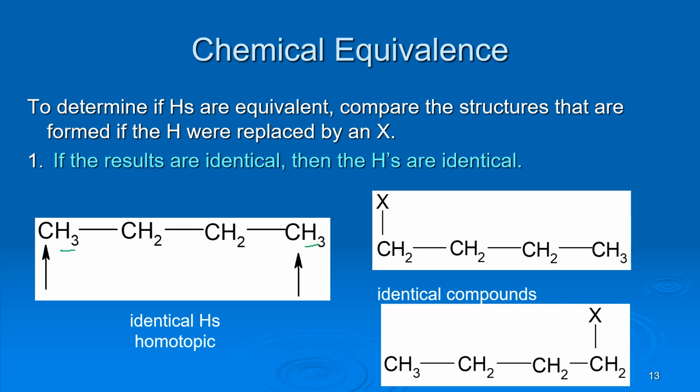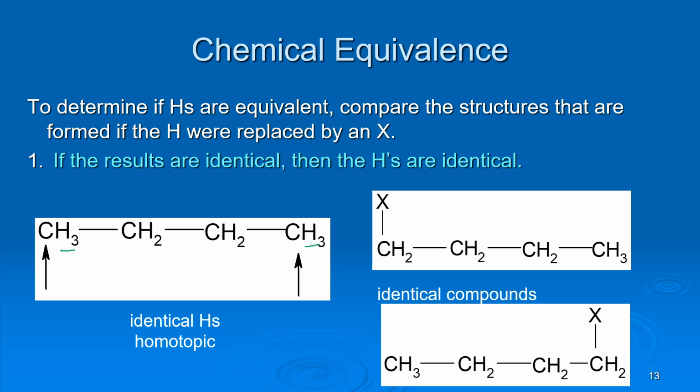I'm going to take one of these hydrogen and replace it with an X, just something. Then I'm going to do the same thing over here with this hydrogen. Now the question is, are these 2 compounds identical, or are they isomers of each other? Hopefully you can see that they're identical, because whether you start counting from the left to the right or the right to the left, if that was a chloro, it'd be 1-chlorobutane either way. So it's the same compound.